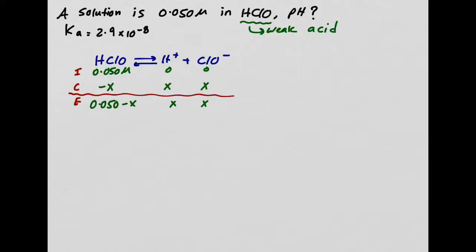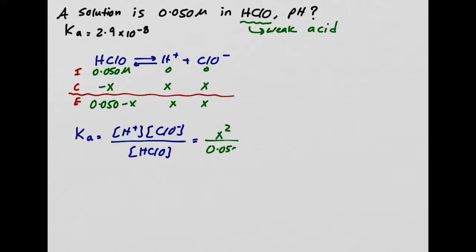Yes? Now, the equilibrium constant Ka is product over reactant. It would be H plus times ClO minus over HClO, right? Product over reactant. Again, nothing you haven't seen before. Now, these are my equilibrium values, so it would be X squared over 0.050 minus X. Where do I get the X squared?